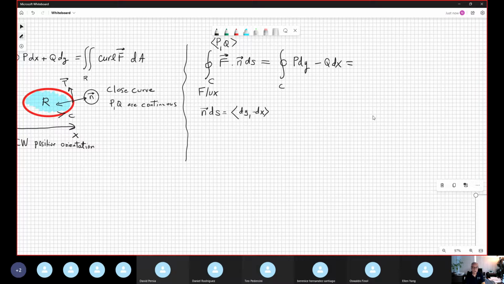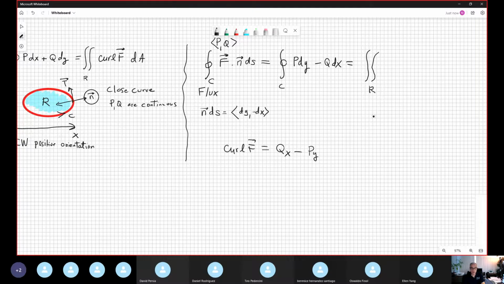Okay. So now, if I want to apply the Green theorem in this case, I have a double integral in the region R enclosed by the curve. But the problem is that the curl in 2 dimensions by definition is the partial derivative of Q with respect to x minus the partial derivative of P with respect to y.